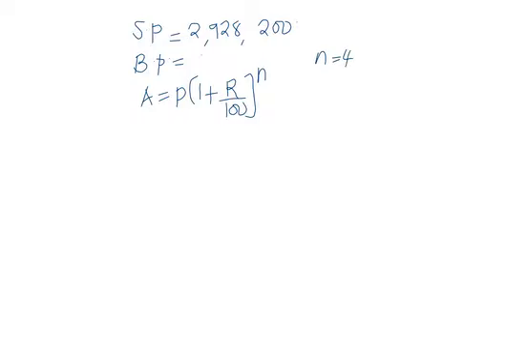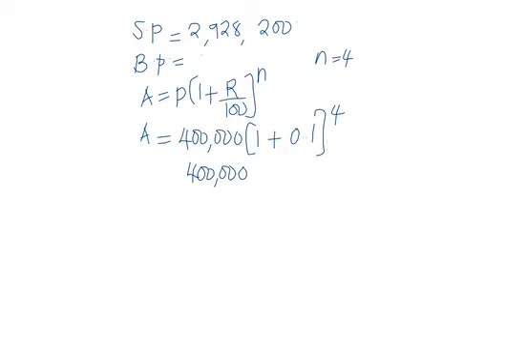So we have A is equal to 400,000, the initial value of a plot, into 1 plus 0.1, that is 10%, raised to 4. So 400,000 multiplied by 1.1 raised to 4 will give us 585,640. This was the value of a plot after 4 years.